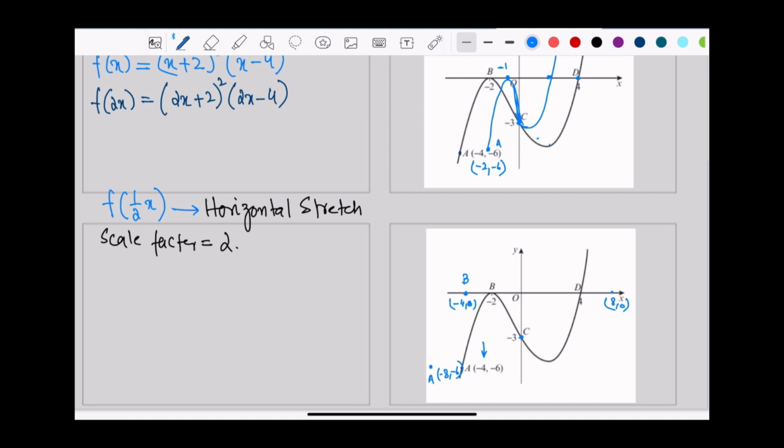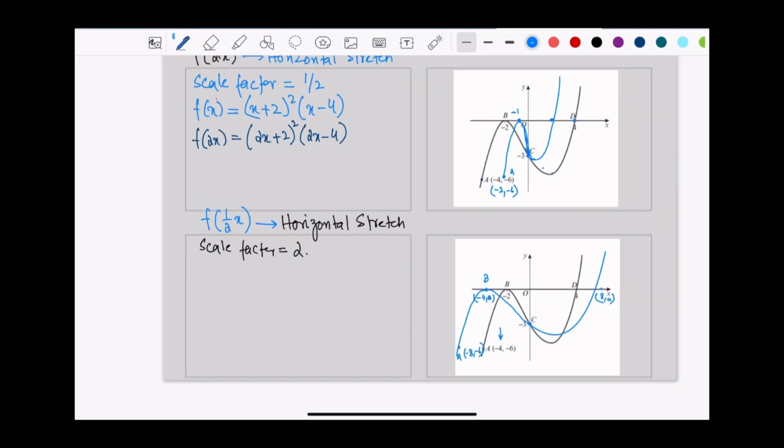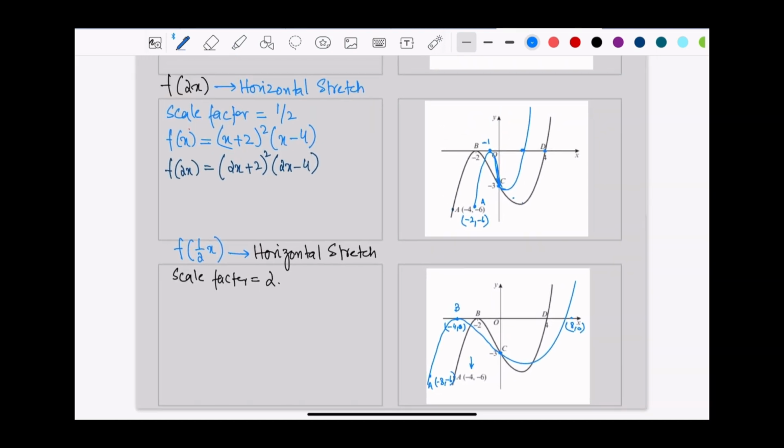Now sketching it again, it's going to be something like this. As you can see, it is stretched on the horizontal axis.